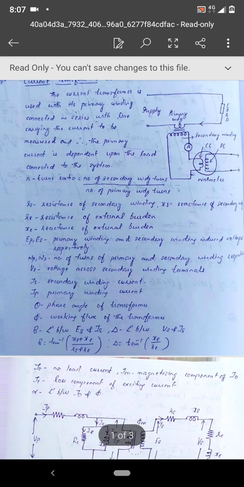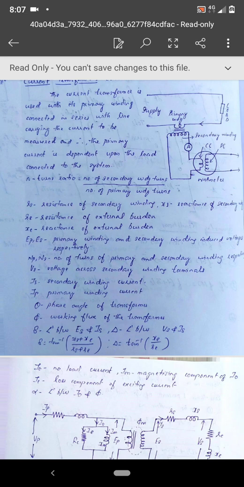The current carried through the transmission line is taken as the primary current, and the conductor itself, the transmission line or the line where the load is connected, is considered as the primary itself. So a single conductor can be treated as a turn, that is, N is equal to 1.